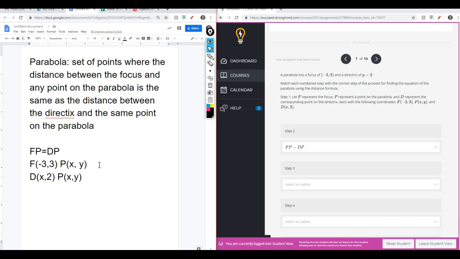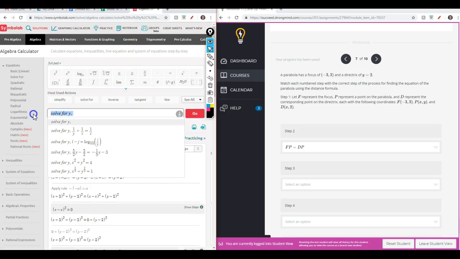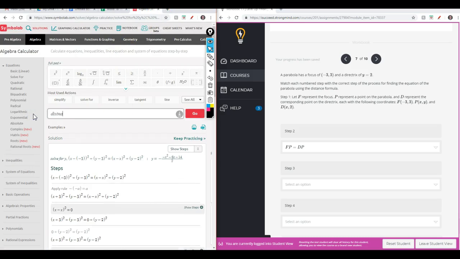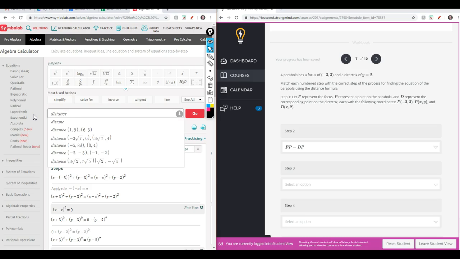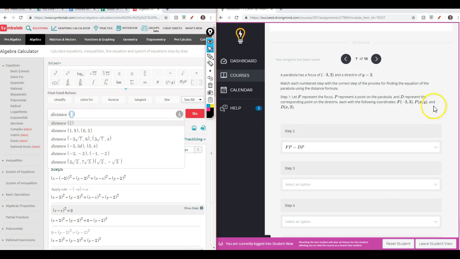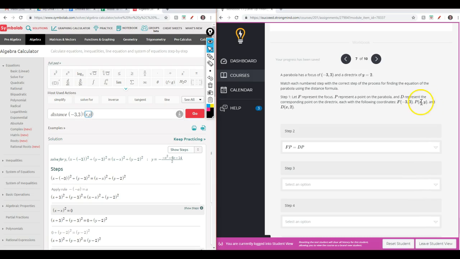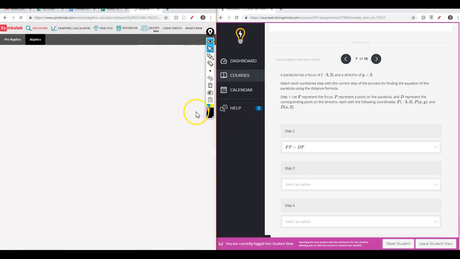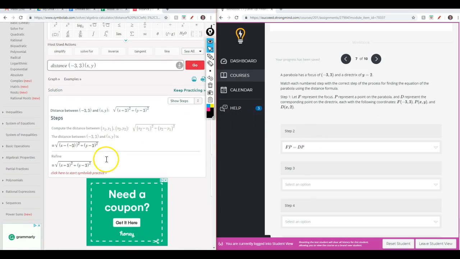So when we do that, I'm going to jump over to a calculator and click distance. For F to P, again remember F is at (-3, 3), so I'm going to use those coordinates. And P is at (x, y), so I'm going to use those coordinates. And this is just going to show the steps.